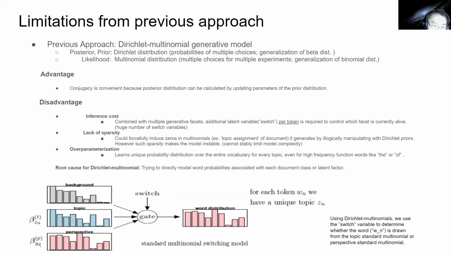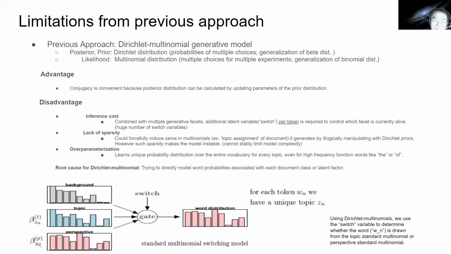But that kind of sparsity is illogical, because we're just imposing it, so it will not make the model stable at all.